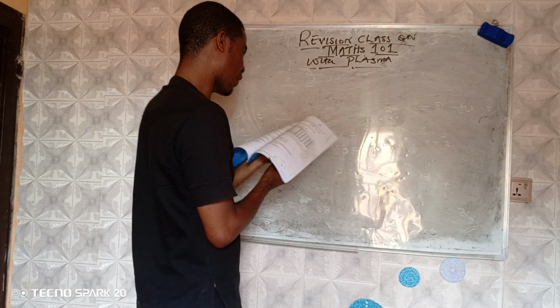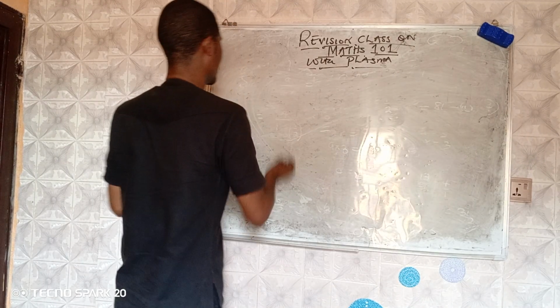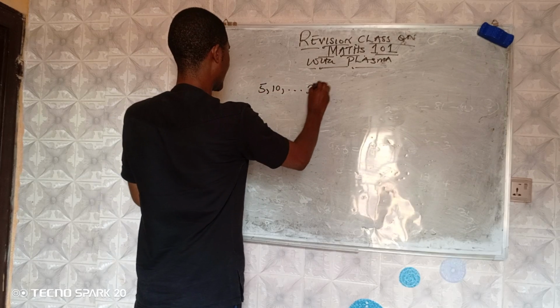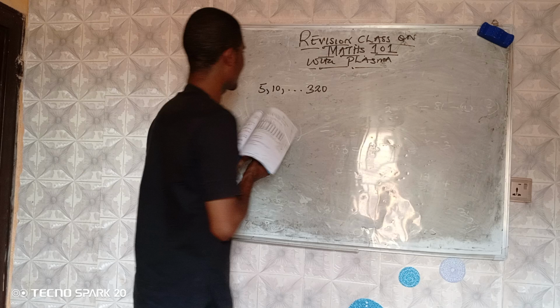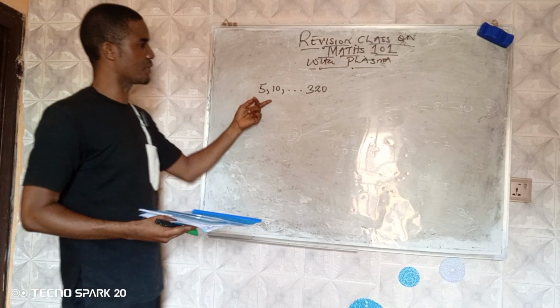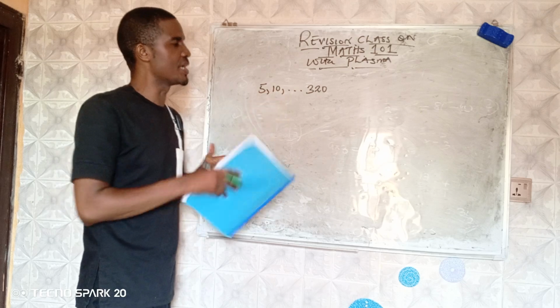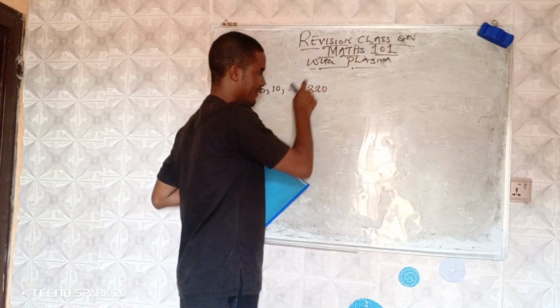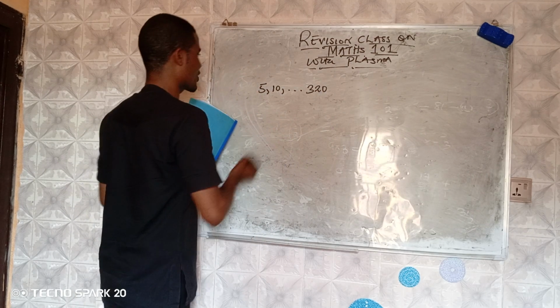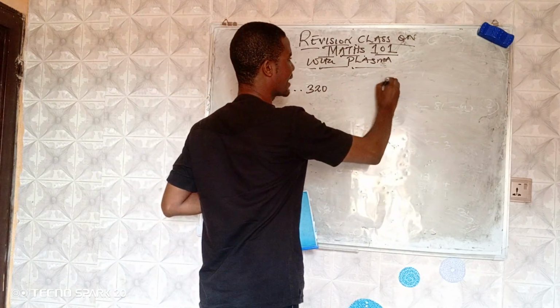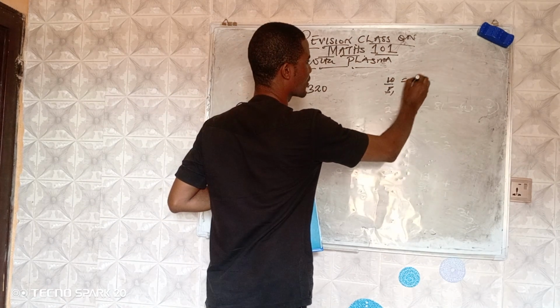He said the sum of the geometric progression, we have 5, 10, 320. The sum of this geometric progression is what? This is a GP. If it were to be an AP, they've given us the last term. But for a GP, first of all, my a here is 5. What of my r? My r is 10 over 5, which is equal to 2.